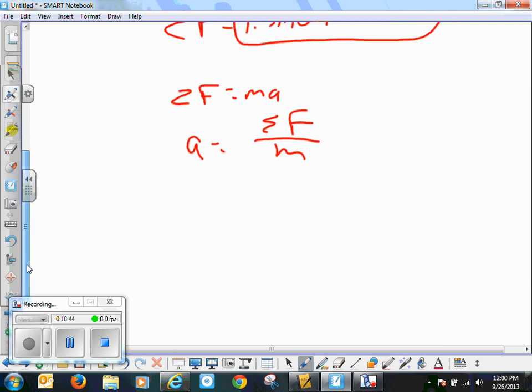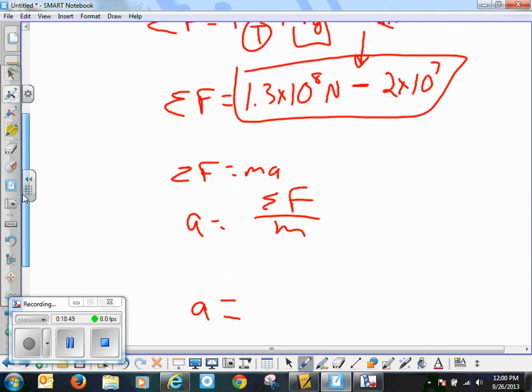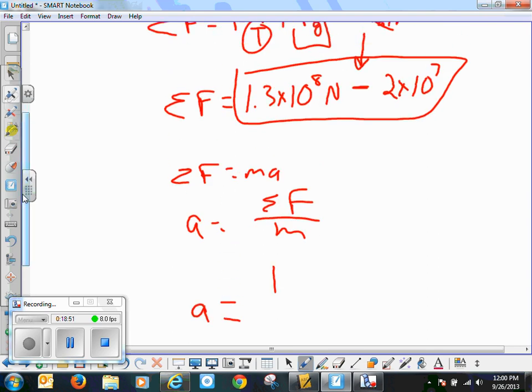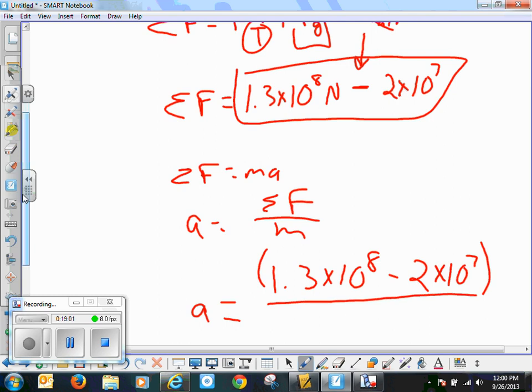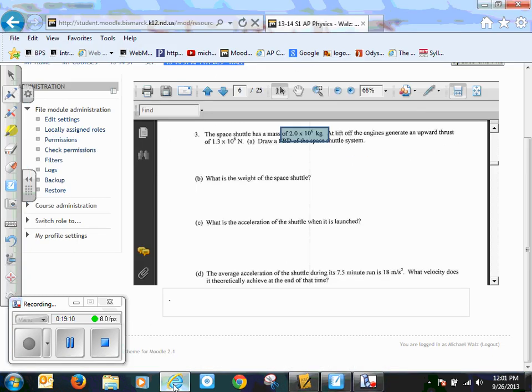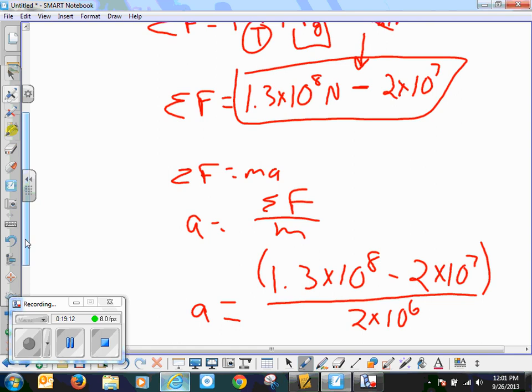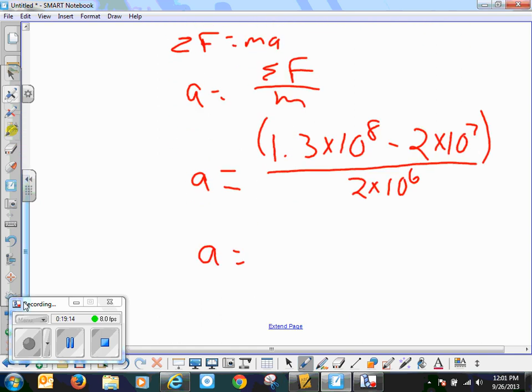In this case, the summation of forces is all this right here, 1.3 times 10 to the 8th minus 2 times 10 to the 7th, and you divide that by 2 times 10 to the 6th. In case I screwed that up, is that the mass? Yeah, 2 times 10 to the 6th. And then you will finally get your acceleration, and I think it was around 55 meters per second squared. And that was just off the pad.